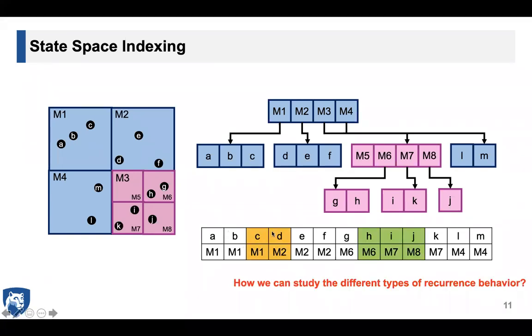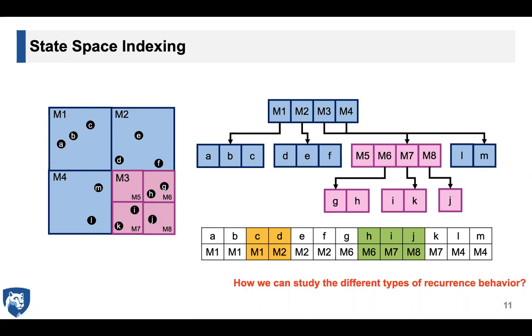After this, we will see transitions between those states in the labeled, or indexed, data. For example, we will have transitions from M1 to M2, or from M6 to M7 to M8, and those indicate different recurrence behaviors.